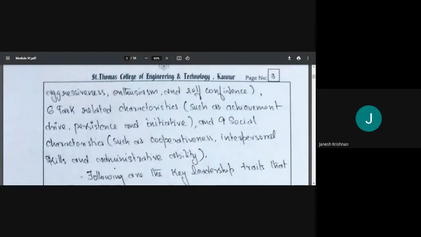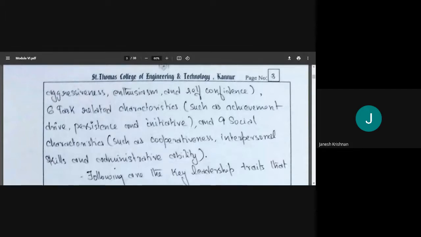Six are task related. They look at drive, how well they want to succeed, what the persistence is, how well they persist, and what initiative is taken by them. All these things come under task related. Then social characteristics are also taken.